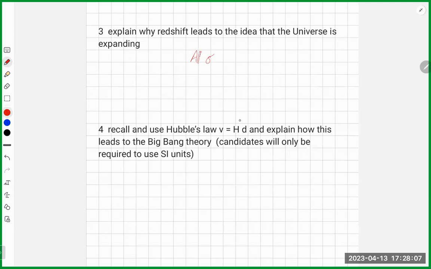All the observable universe is moving away.